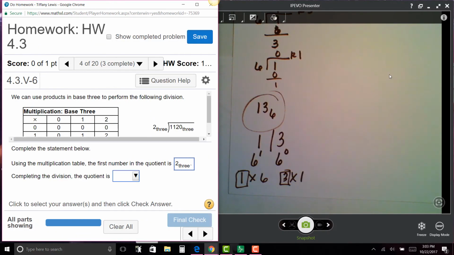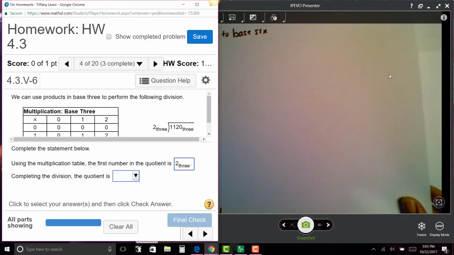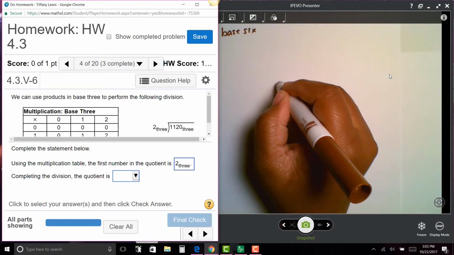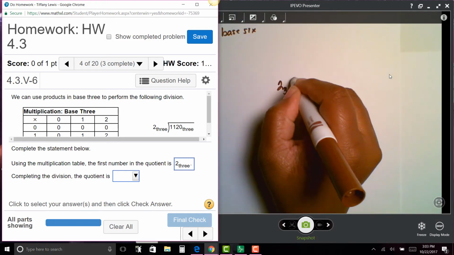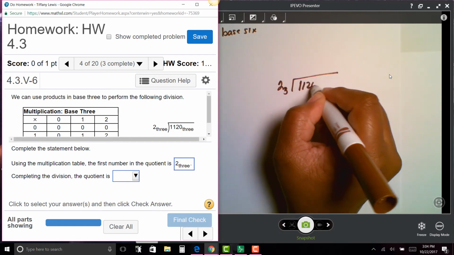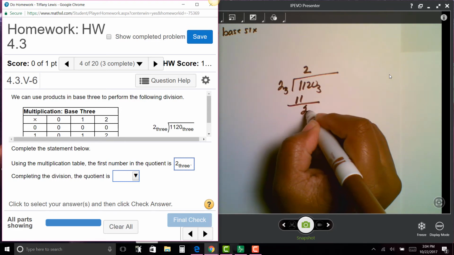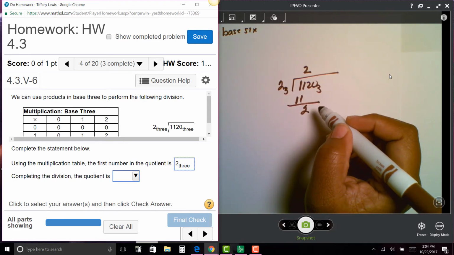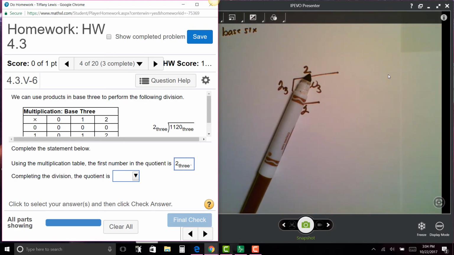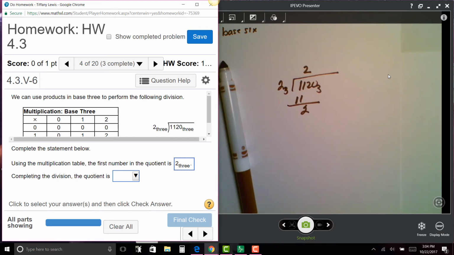So let's do that one. This is base 3. Bring down the 2. We have what times 2 in base 3 would give us 2?